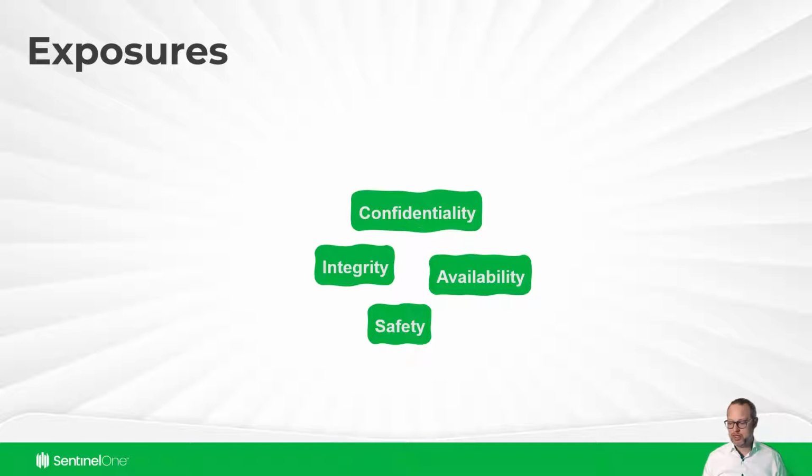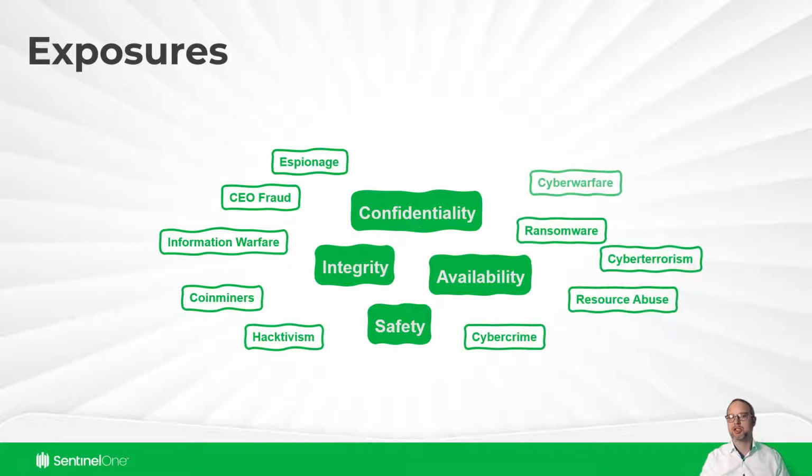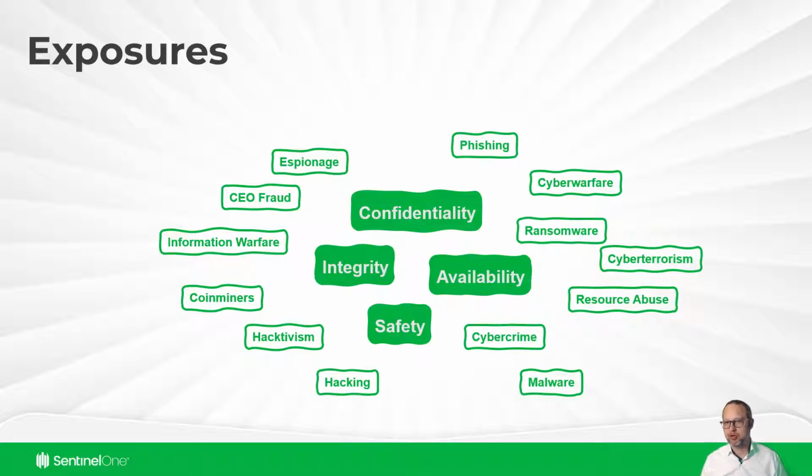And then there's many different kinds of exposures that affect how well these goals can be achieved or protected. These exposures come in many forms. They start with things like espionage coming from nation states. They go on with cybercrime, things like CEO fraud, information warfare that can affect what your employees think and how they act, or what your leadership thinks and how they act.